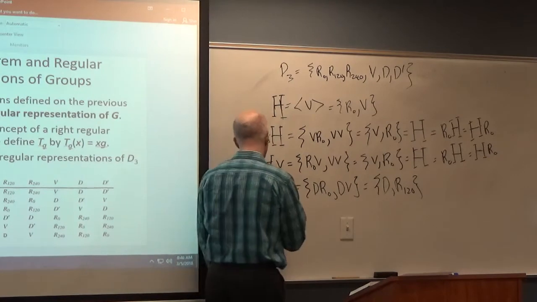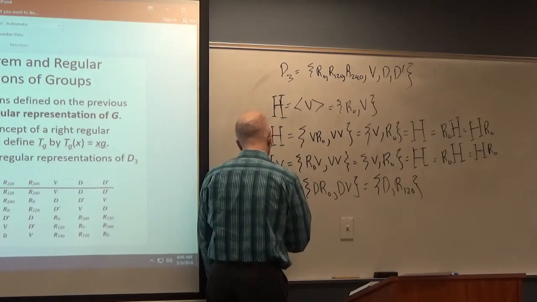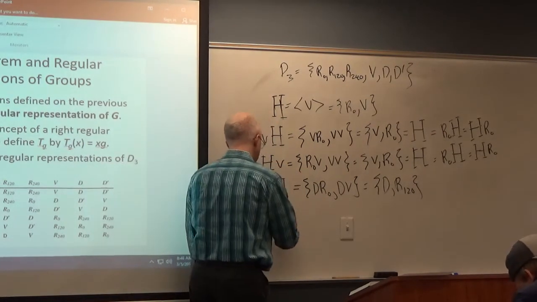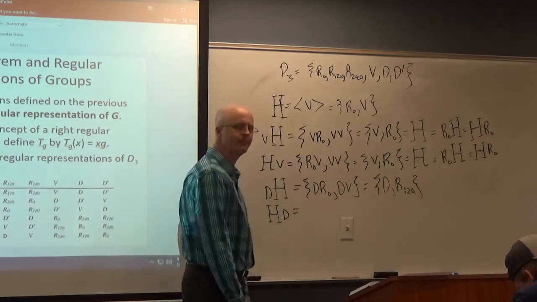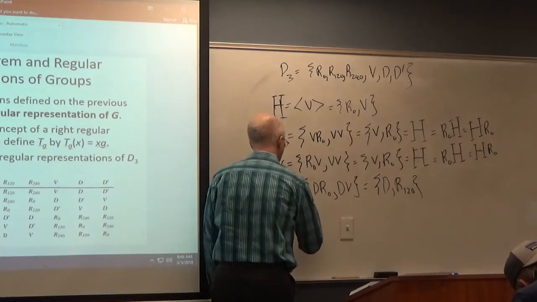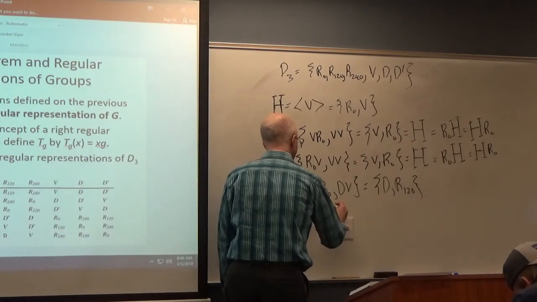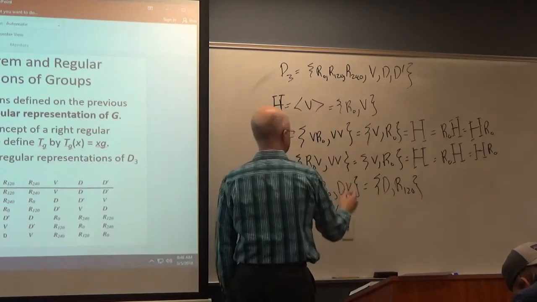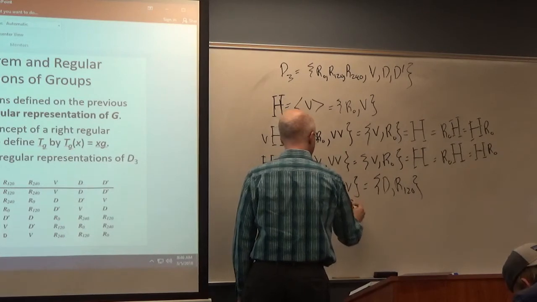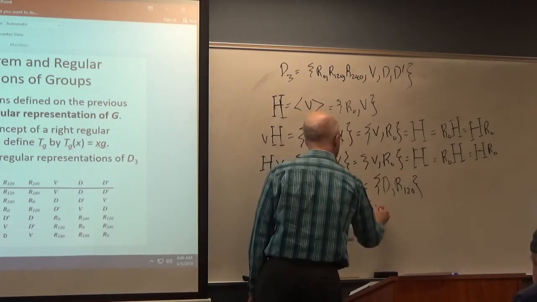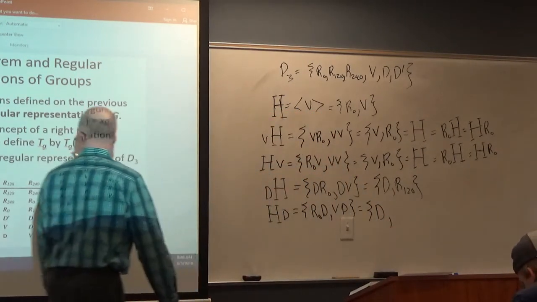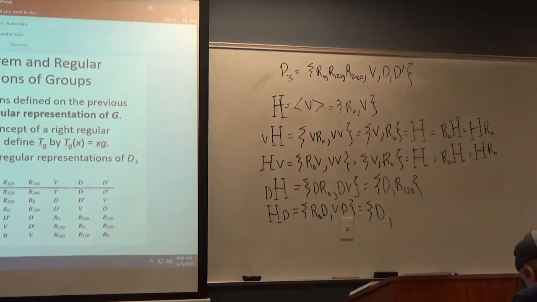What if I did the right coset of H in G containing D? Now multiply by D on the right. D3 is non-abelian. Will I get something different, a different set? I still get D in the set, but V times D is R240, not R120.